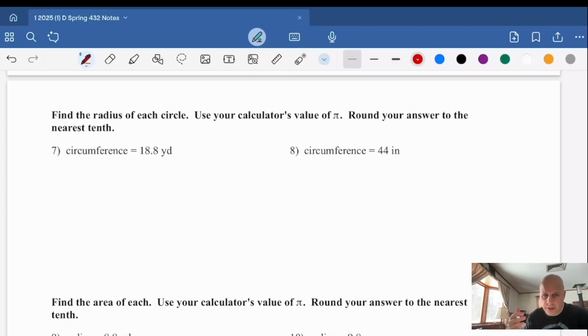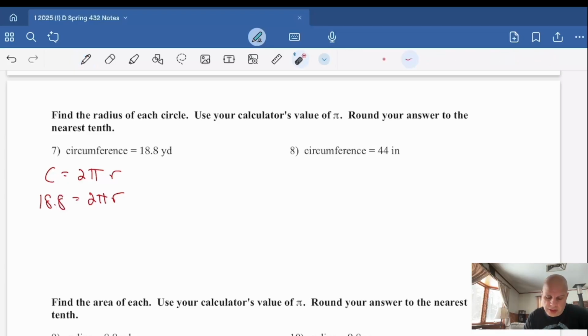If we know something about radius and circumference, we're going to use the formula circumference equals 2 pi r. So if the circumference is 18.8, that's going to be equal to 2 pi r. And then I would do this on my calculator in 2 steps. The first thing I would do is divide both sides by 2.